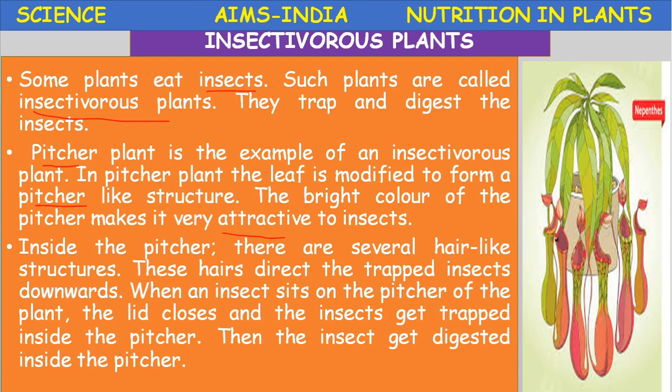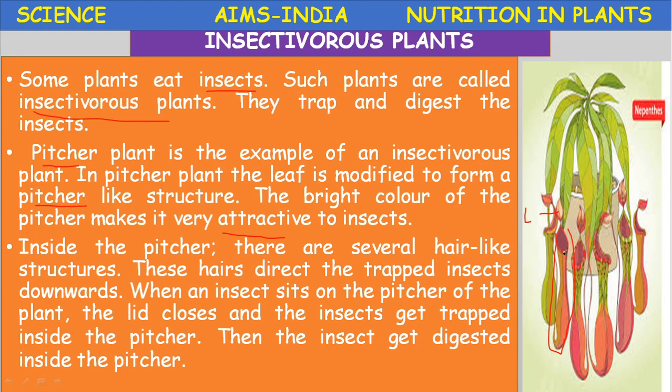So this bright colored, balloon-like structure is the pitcher, and this is the lid. Inside the pitcher digestive juices are present. Some hair-like structures are present here.